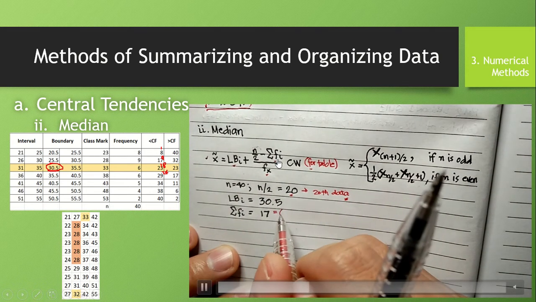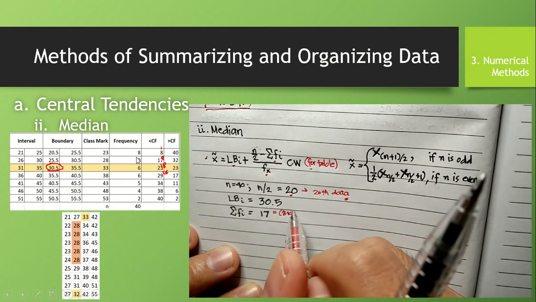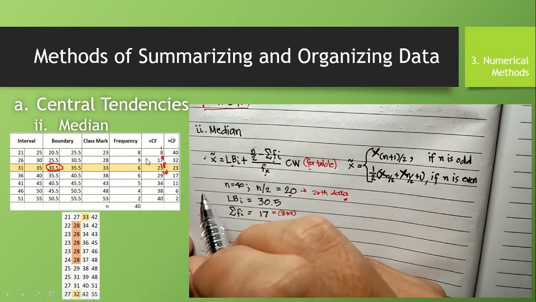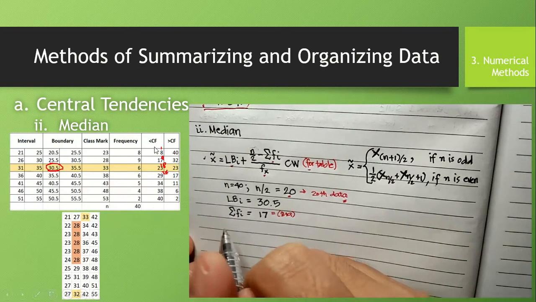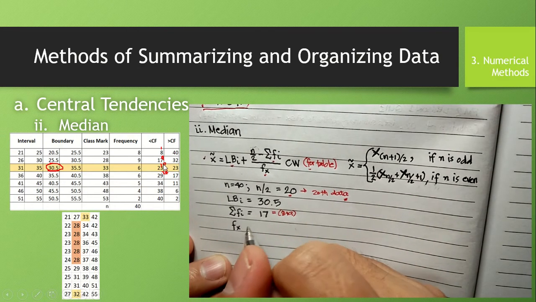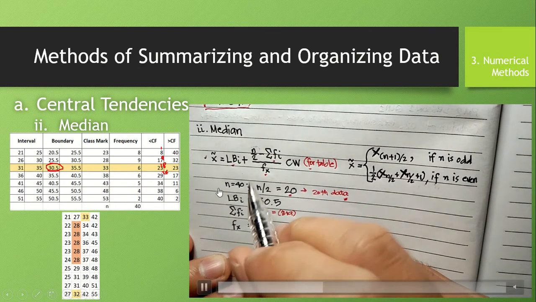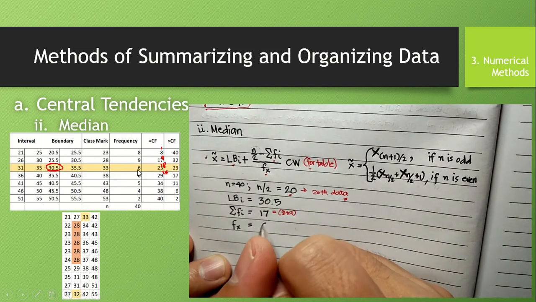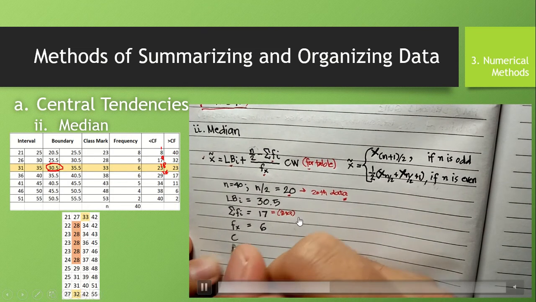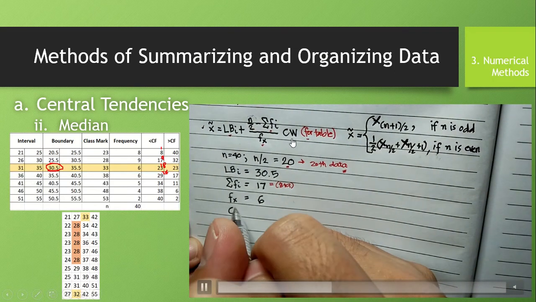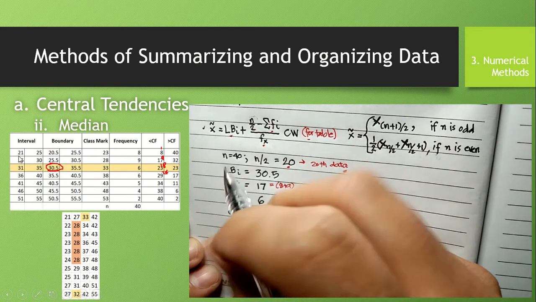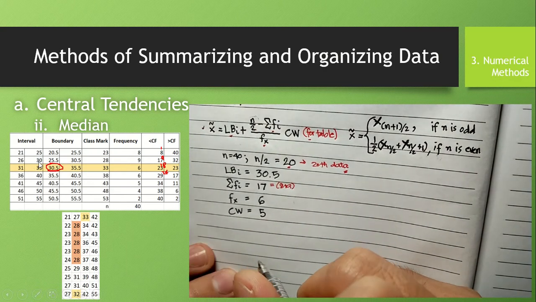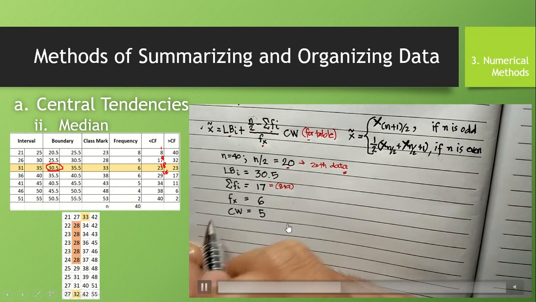So this represents the summation of all the frequencies of the previous class intervals. Then f sub x is the frequency of the median class, and that's 6. Then our class width is 26 minus 21, and that's equal to 5. Or you can calculate 30 minus 25, that's still equal to 5.